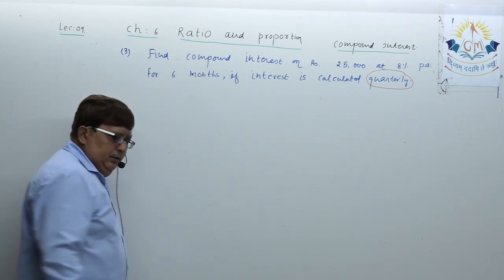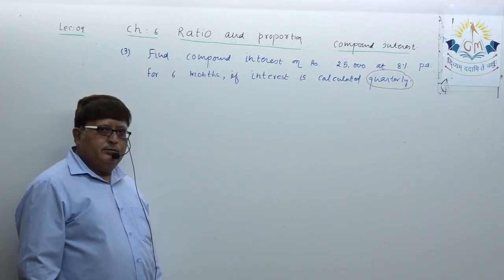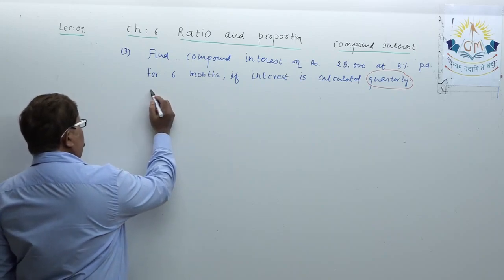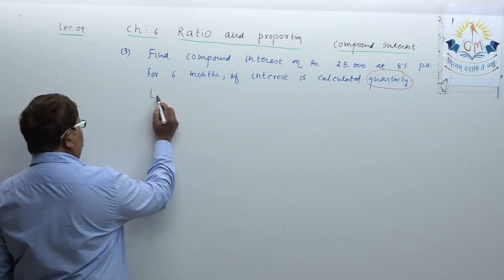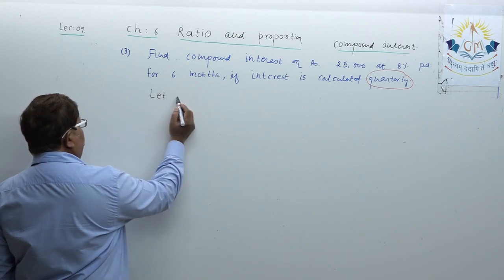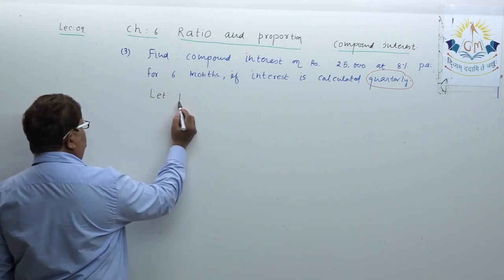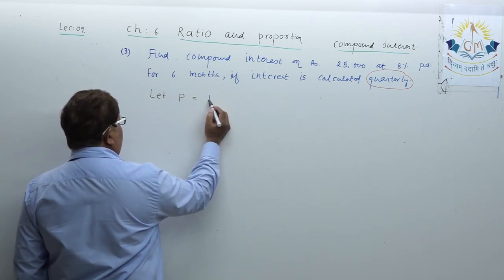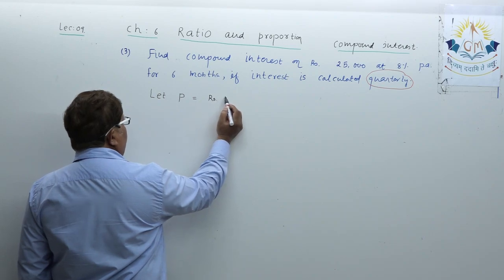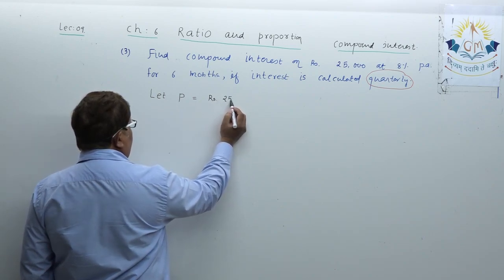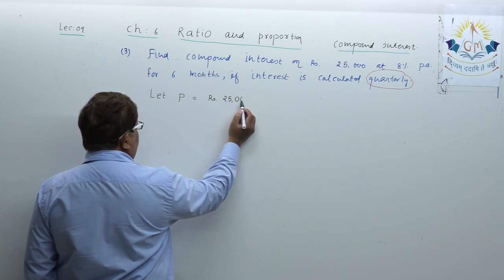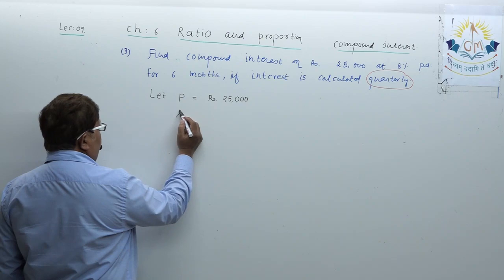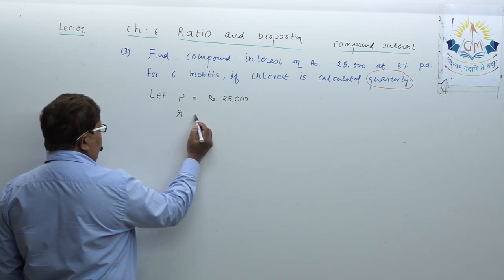Okay, can we continue now? Right? First, as you know, let us write the principal. No change is going to occur in this 25,000. You must have done this, dear student, during this time.